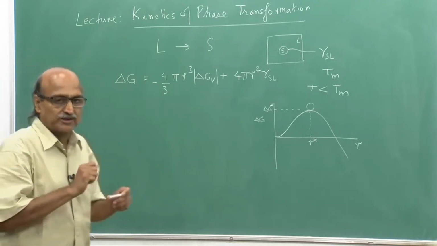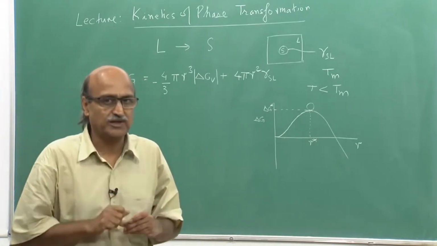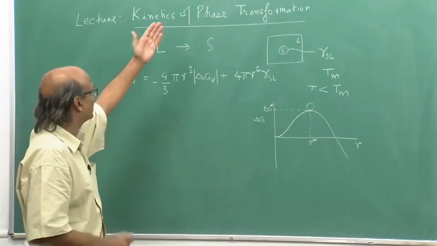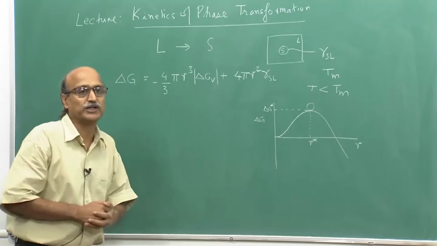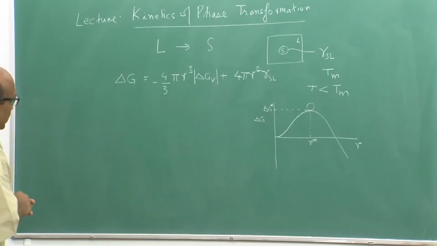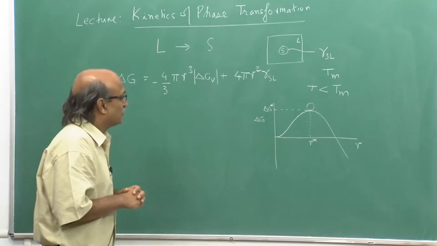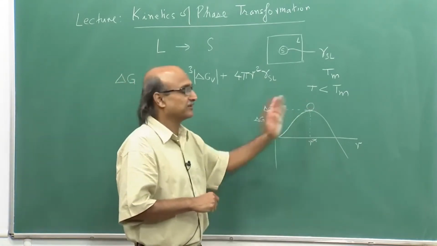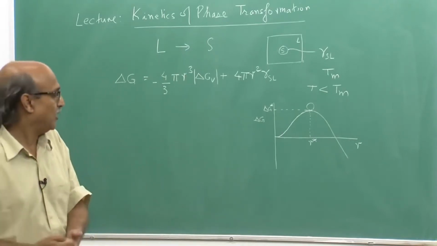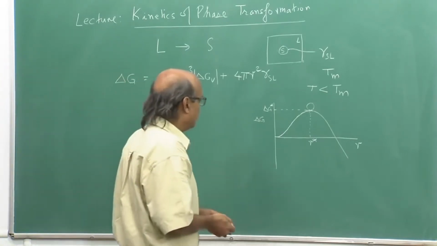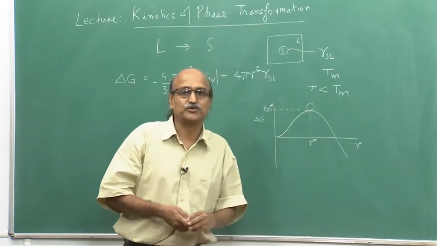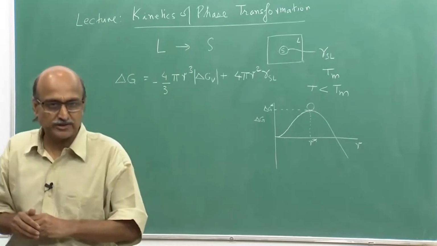So, one of the critical things when we look at nucleation and the kinetics of nucleation, because that is going to play an important role in the kinetics of phase transformation, would be at what rate critical size nuclei would form and how many of them would become supercritical, which would mean greater than the critical size.